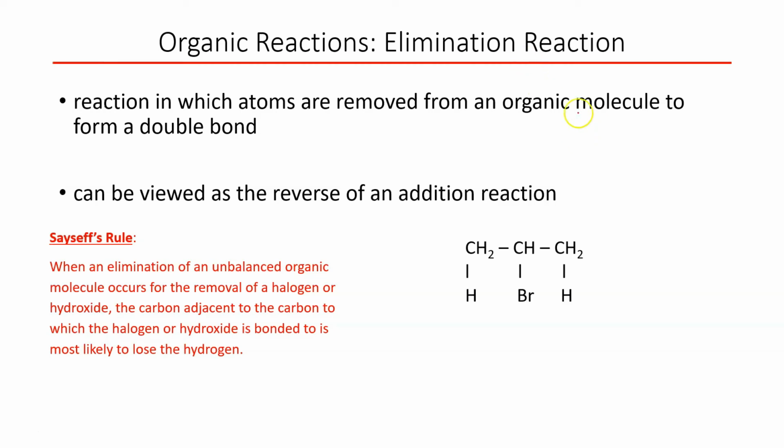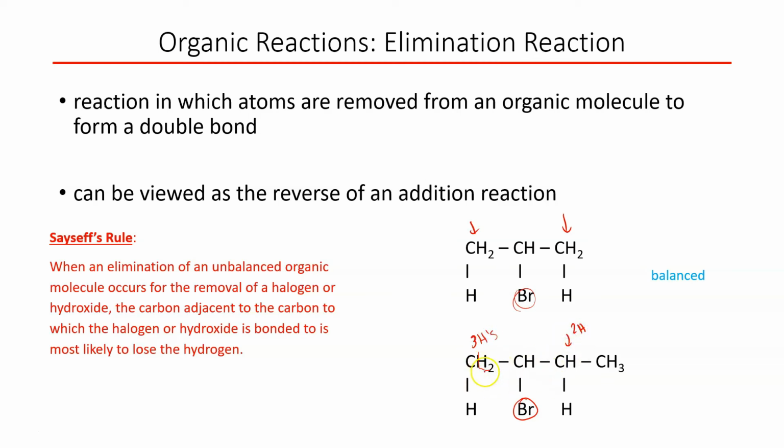So for example, here in this molecule, this rule would not come into play because the two carbons on either side of the carbon that has the bromine have the same number of hydrogens. So there's no preference. It's balanced. Whereas in this case, this is not balanced. So again, I have my bromine that I could remove. This carbon here has 3 hydrogens, and this one only has 2 hydrogens.